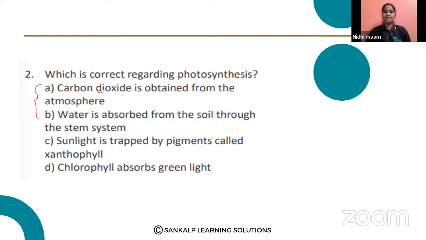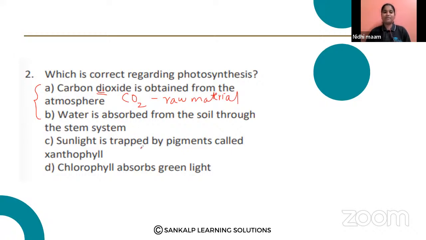See, carbon dioxide is obtained from the atmosphere, right? Carbon dioxide means CO2, which is a reactant or raw material in photosynthesis. Next, water is absorbed from the soil through the stem system.